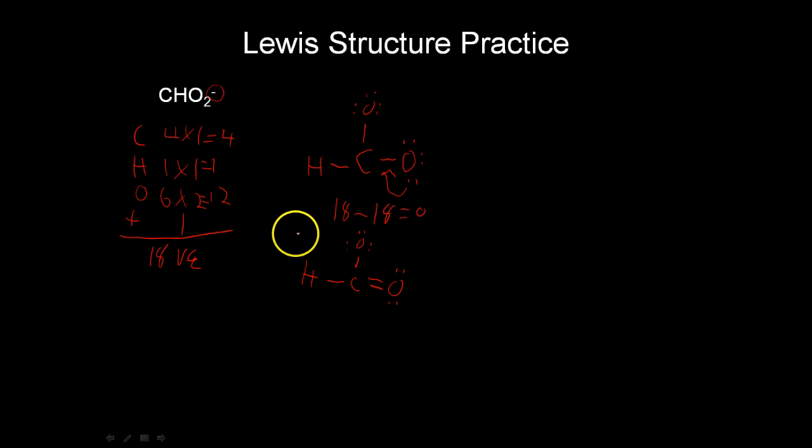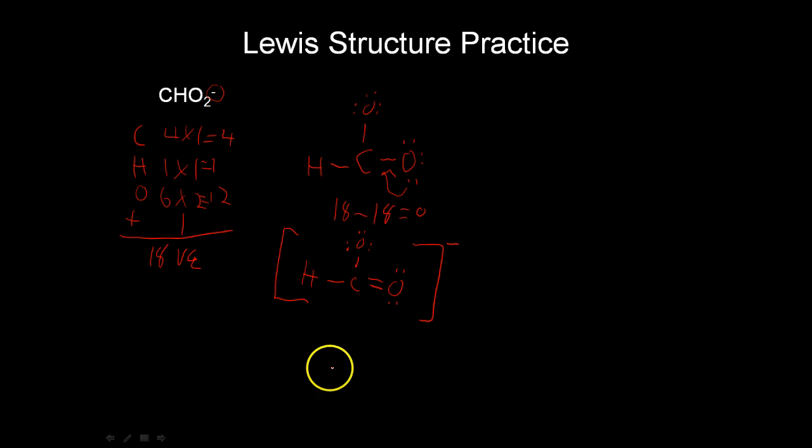There's one problem with this, and that is that whenever you have an ion, you need to put it in brackets and put the charge on the outside of the brackets for the Lewis structure. The reason is that, as written right now, this Lewis structure without the brackets looks like it has 1 extra electron than what it should have based on the number of valence electrons for these atoms.